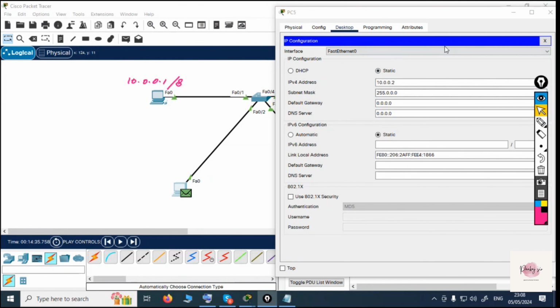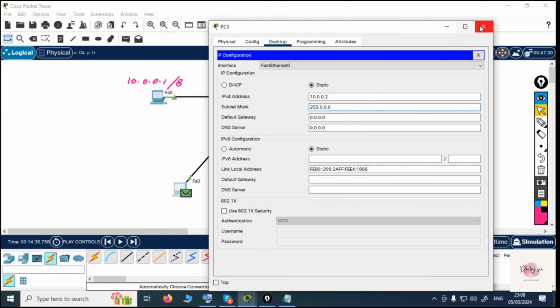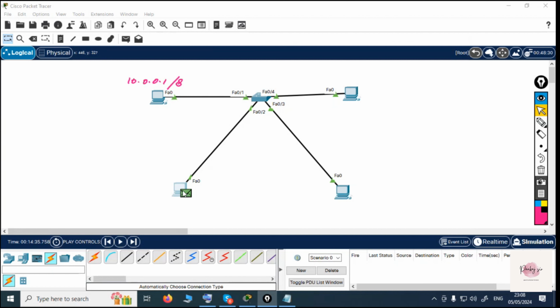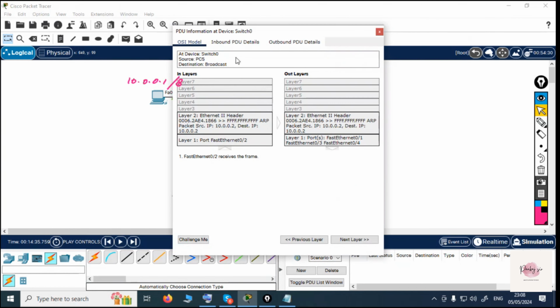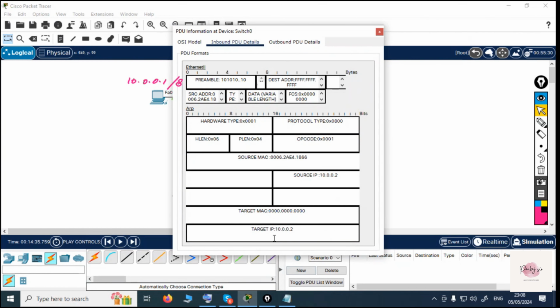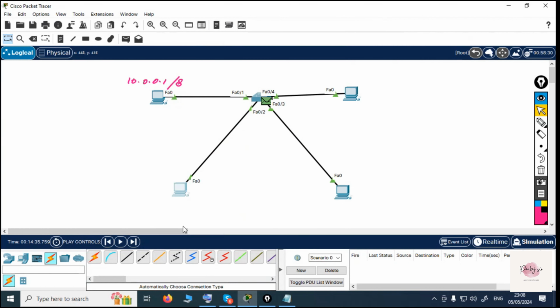It will generate an ARP request for 10.0.0.2, and this time it will not get any reply. So it will keep this address thinking that there is no conflict. Let us see. Let's see the target IP. It's 10.0.0.2 and it's looking for the MAC address of 10.0.0.2 and it will not get any reply and it will keep this address.